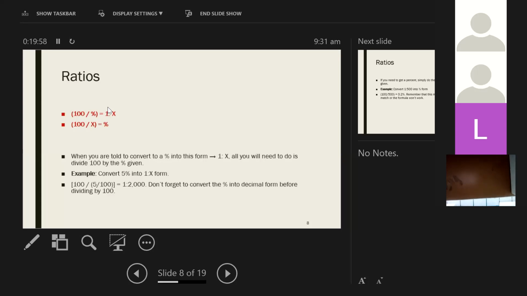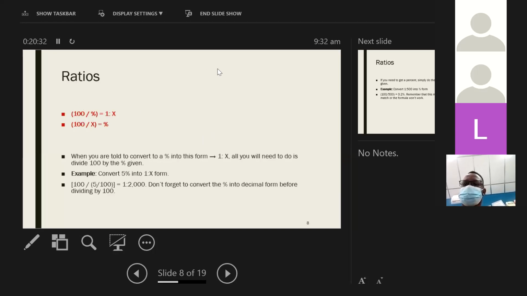So that 500 is your x, correct? Let's take the first part that says 100 divided by percentage equals 1 over x. So you write 100 over 20% equals 1 over x.